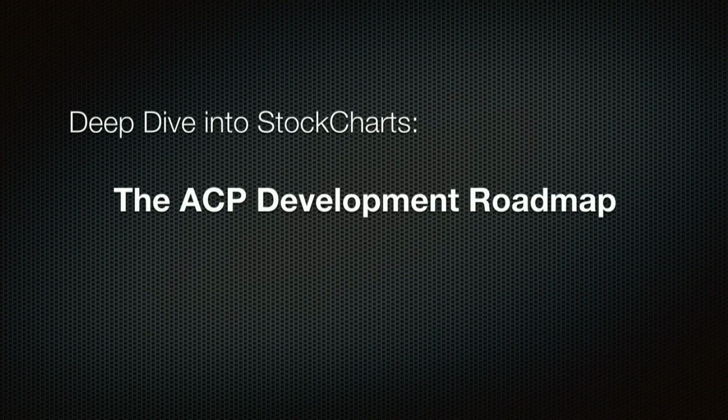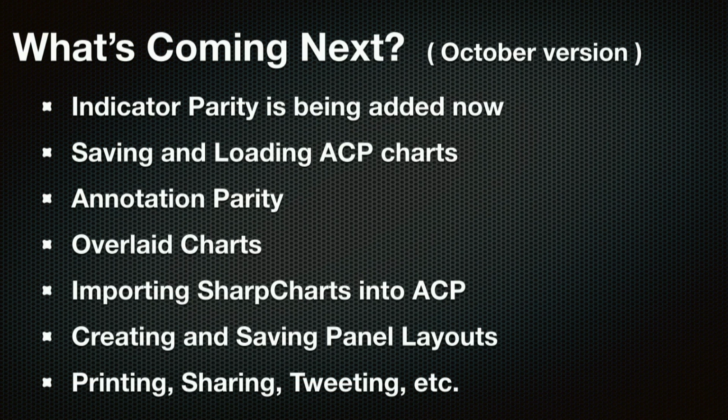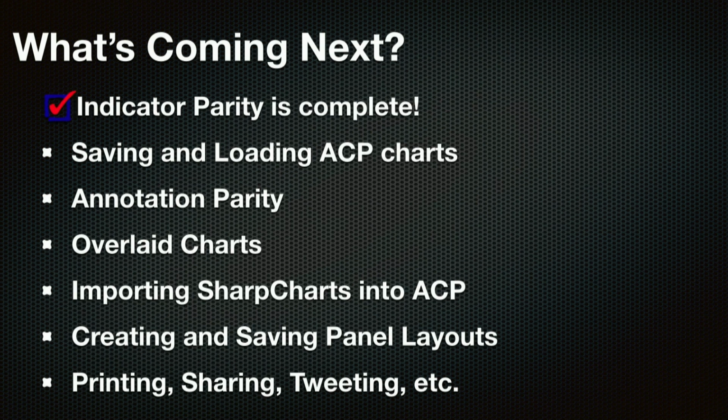Let me talk about the future a little more, and I want to have my big announcement here. This was what I showed back in October when I did my previous show here on ACP. I said, these are the things that are coming. And I can report to you today that we've done that. Indicator parity is there. By that, we mean all the indicators in SharpCharts are now available in ACP.